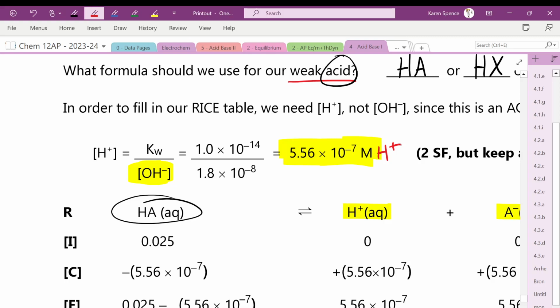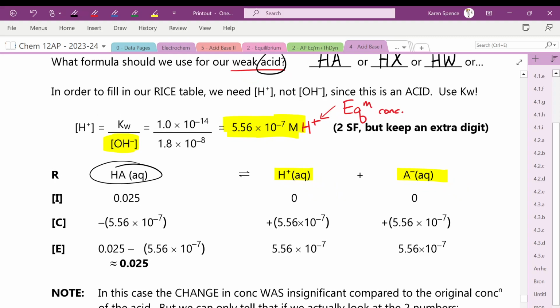Is this the initial concentration of H plus or the equilibrium concentration of H plus? That is our equilibrium concentration, because we find it here and here. And remember, what's our initial always for the dissociated part?